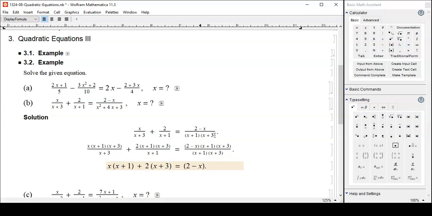You see, this thing here, x plus 1 times x plus 3, which I'm highlighting in red, is this one here. And I'm multiplying that to all the fractions here. Okay.